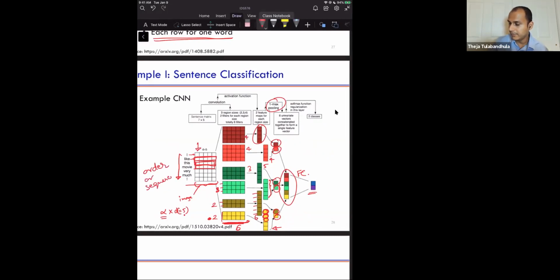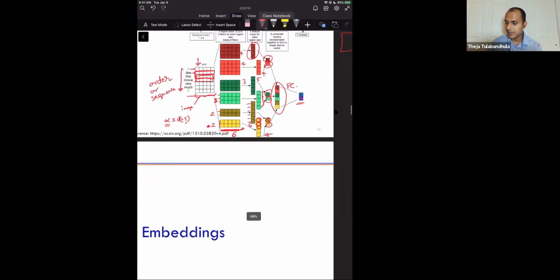If I give this particular sequence, I like this movie very much, that has a specific matrix, and the way you convolve with different filters will give you different numbers. But the moment I permute it, let's say I put very, then much, then movie, it's a different matrix. Once you slide these filters, the numbers you get are very different. So it's actually taking into account the sequential ordering of the words. Any questions on that part?